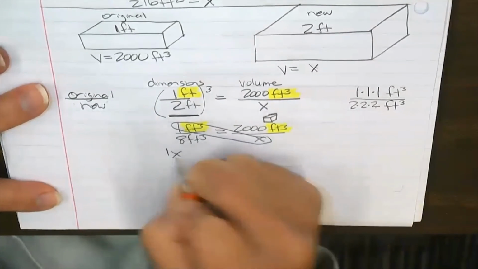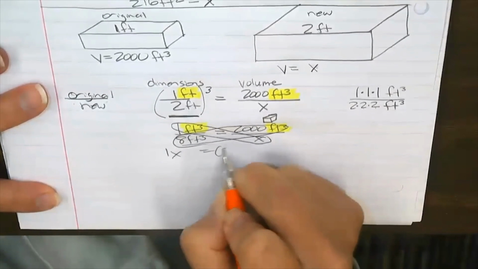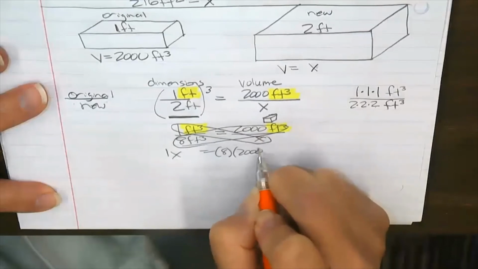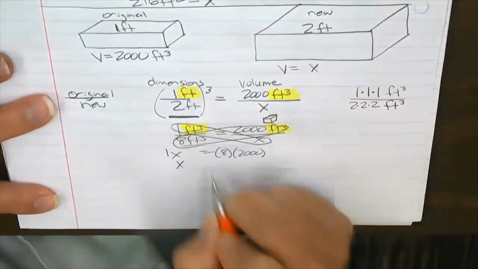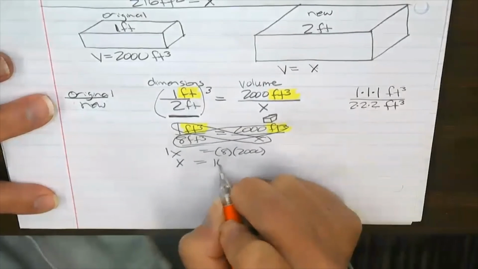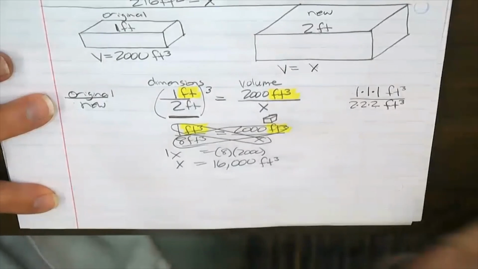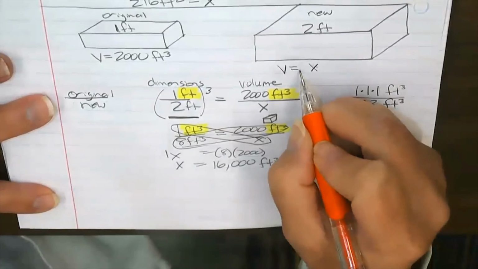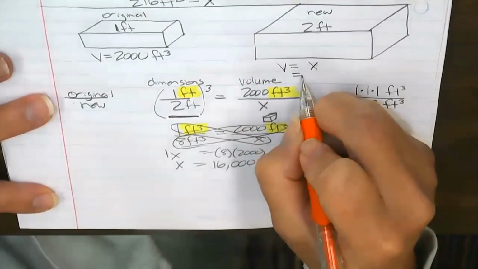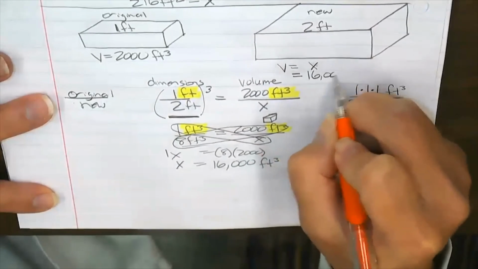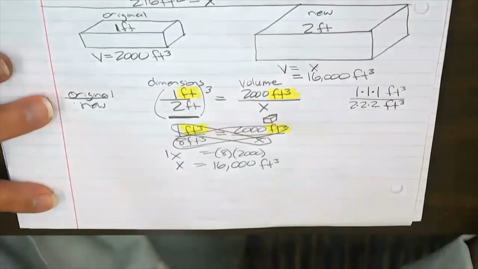So I've got 1x is equal to 8 times 2,000. Well, 1x is x. And 8 times 2,000 is 16,000 feet cubed. So the volume of our new tank will be equal to 16,000 cubic feet of water.